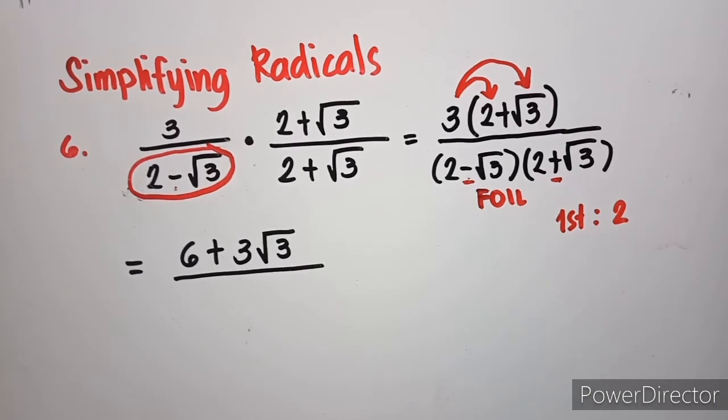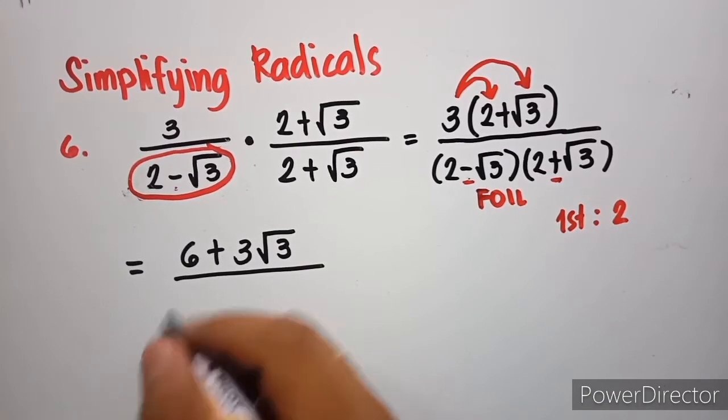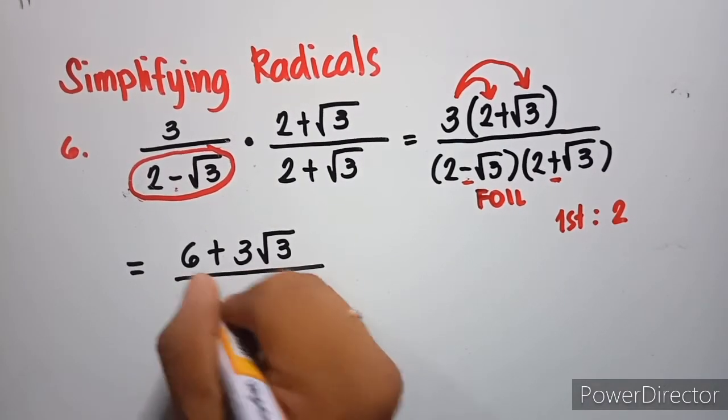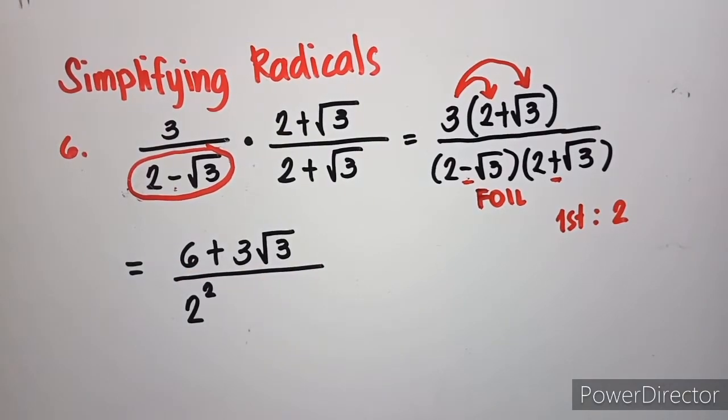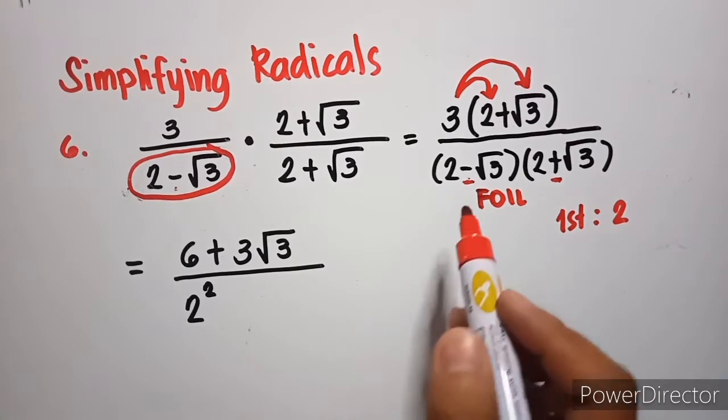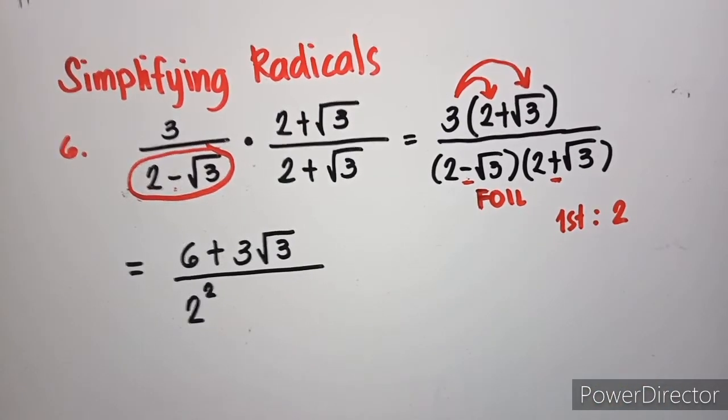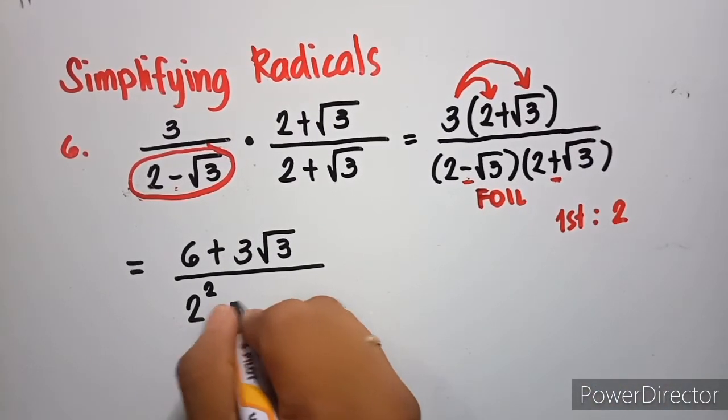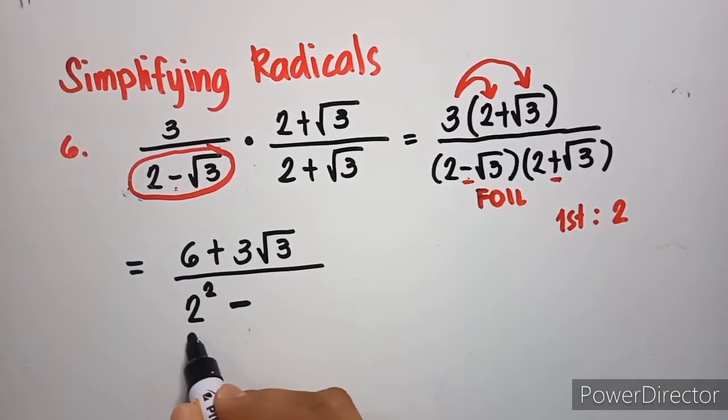Okay? So, ang inyong first term ay 2, kaya siya magiging 2 squared. I-square lang yung first term. Then, since siya ay difference of squares, so ang operation involved dito ay minus. Ganito lagi. Square of the first term minus square of the second term.